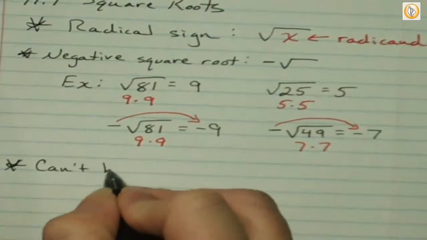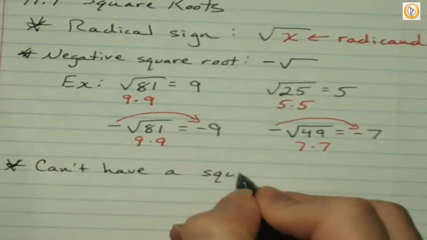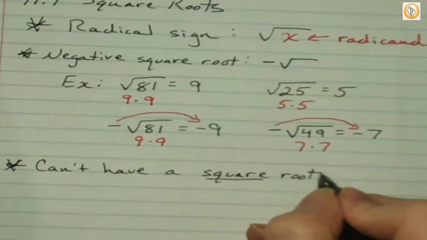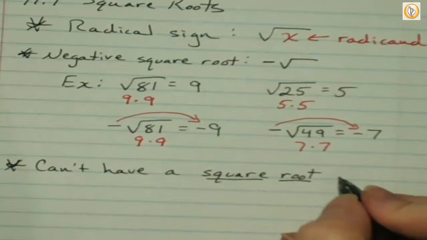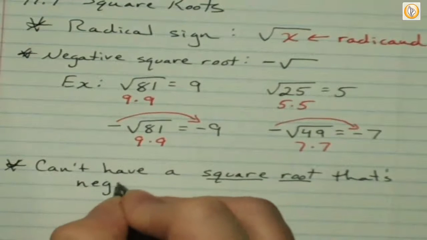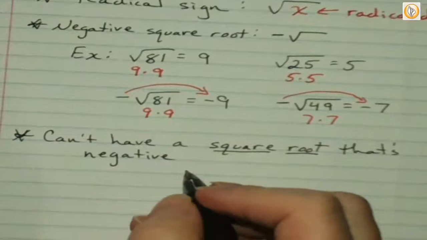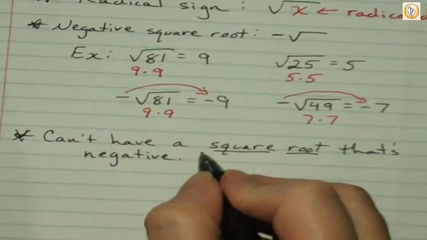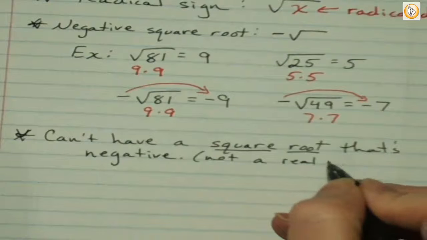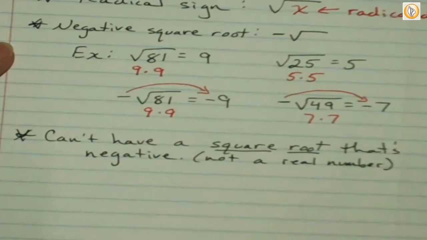You can't have a square root that's negative. It is not a real number. Now this is different than what I put up here. Let me show you why.